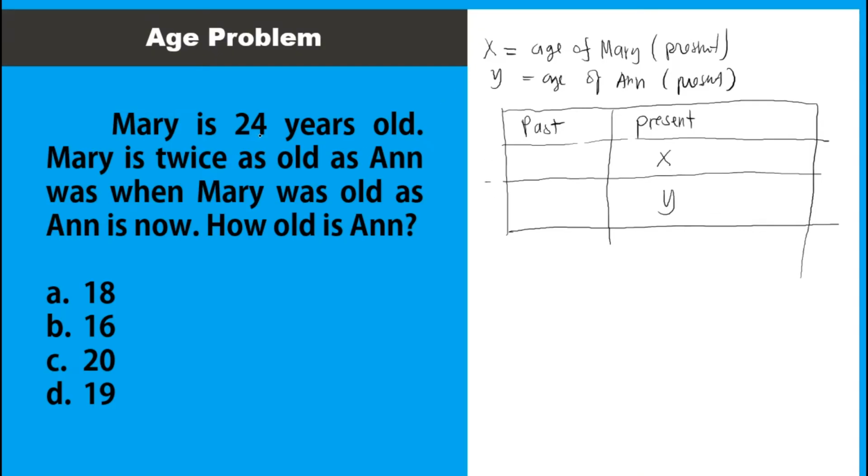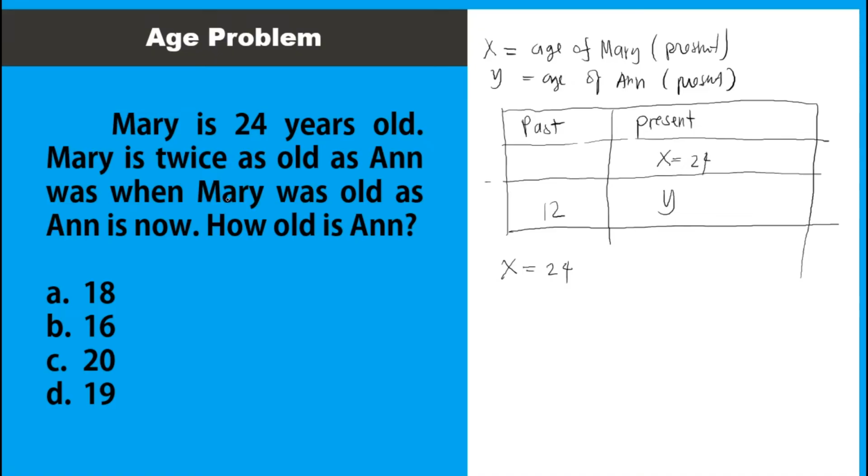Our first condition is that Mary is 24 years old, meaning this is the present age of Mary, so X equals 24. Mary's present age is twice the age of Anne in the past. Since Mary's present age is 24, Anne's past age is half that, which is 12.